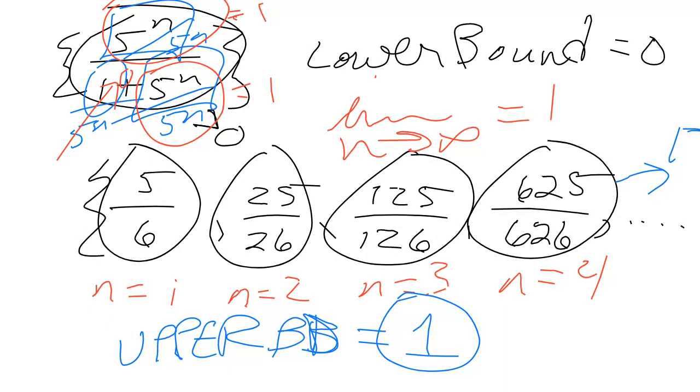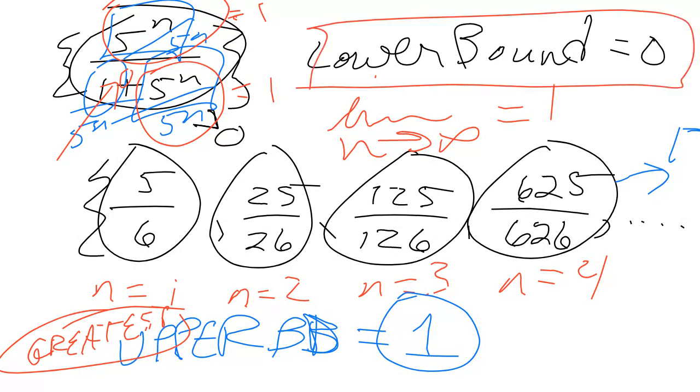In fact, this is the least upper bound. You know, we have a lower bound of 0, but if you say, what's the greatest lower bound? Excuse me, this is not the greatest upper bound, this is the least upper bound.